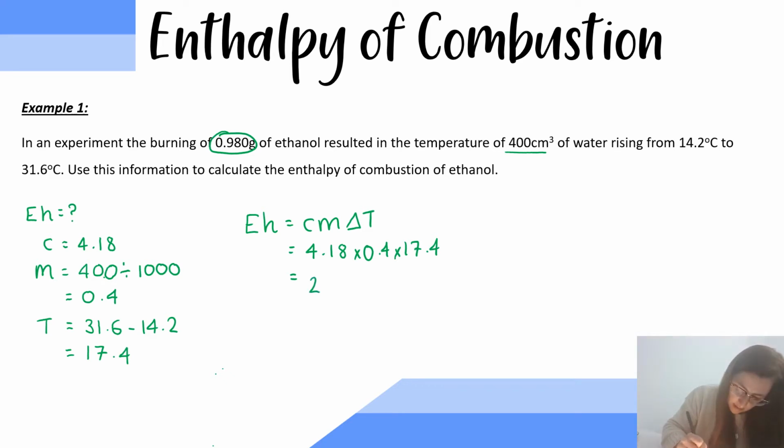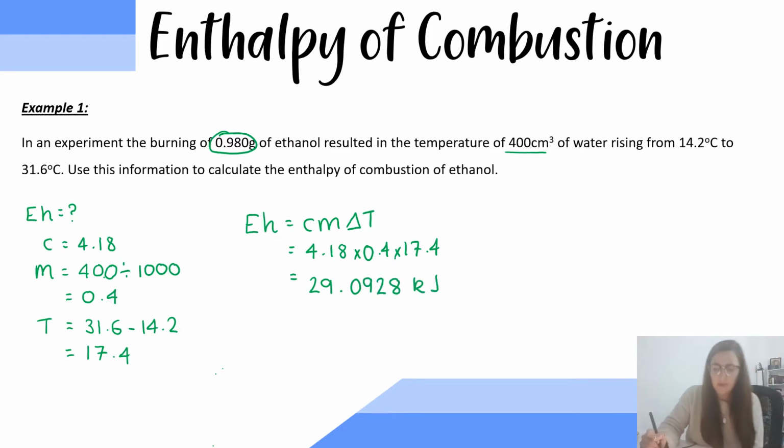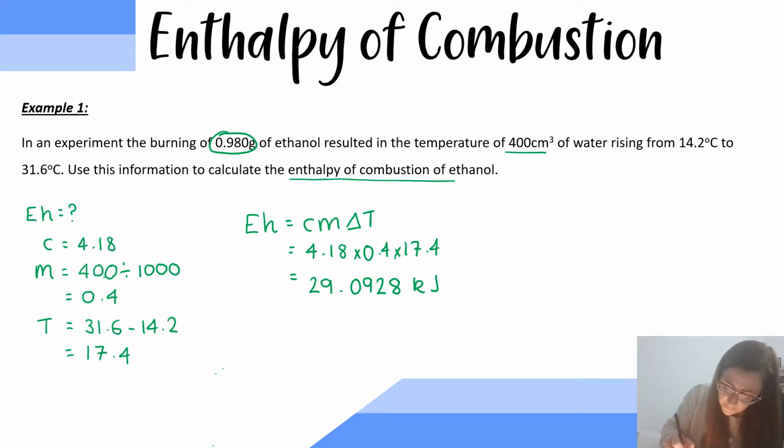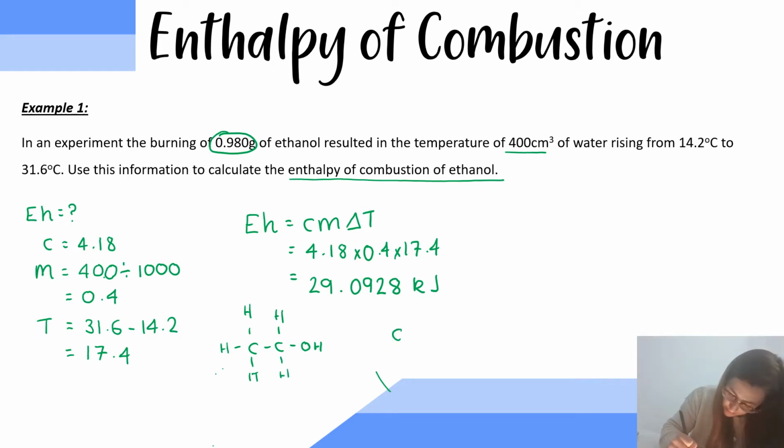I think we'll leave this number quite long until the very end. So 29.0928 kilojoules. And then we are trying to work out the enthalpy of combustion of ethanol. So the first thing we need to do is work out the formula for ethanol. So ethanol is C2H5OH.